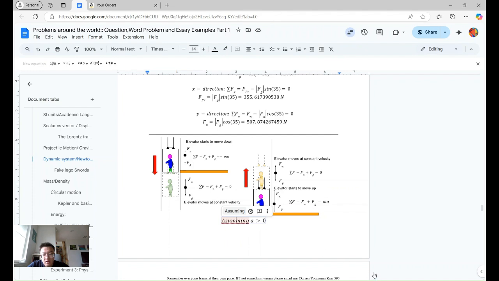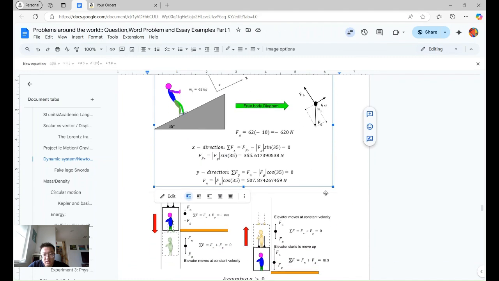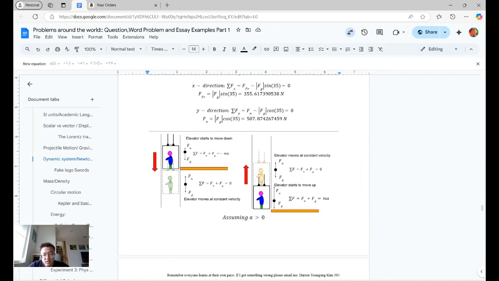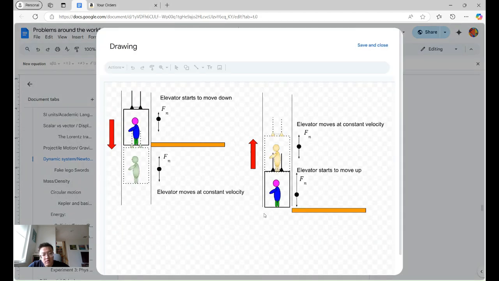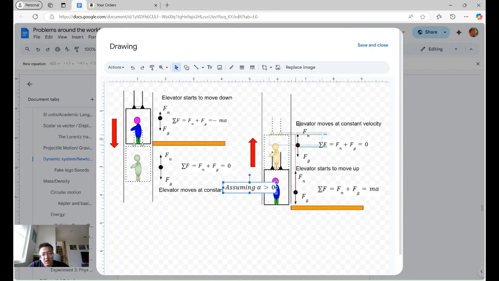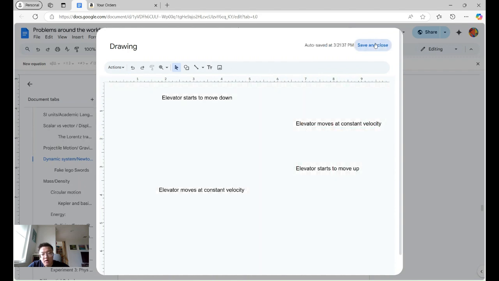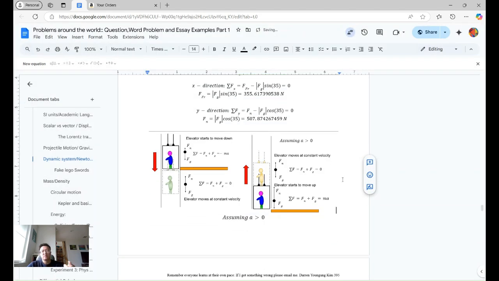The human is agreeing that we both decided that a will be positive, therefore this makes sense. And we're assuming that for both cases the acceleration is the same from forward to backwards, which honestly is not going to be true, but we're going to assume that, and this is how I will frame it.